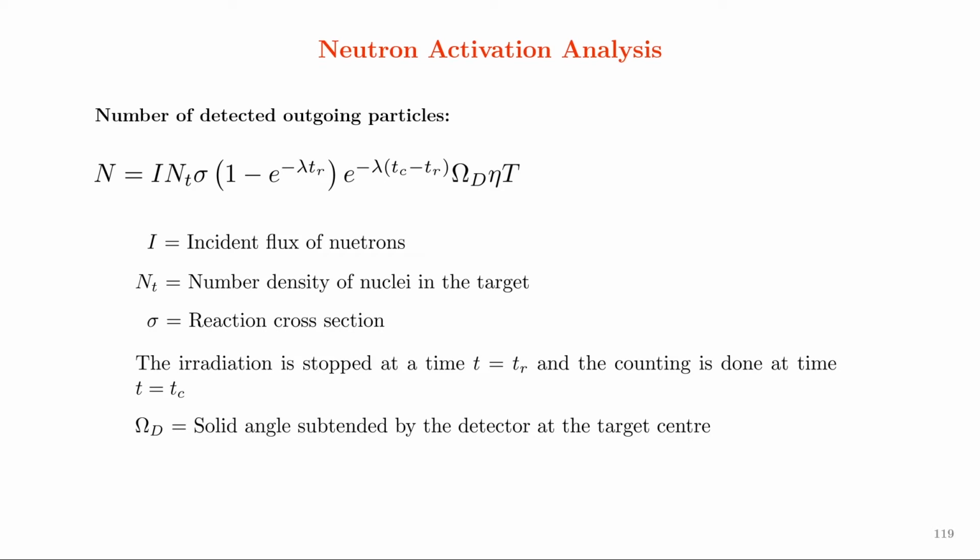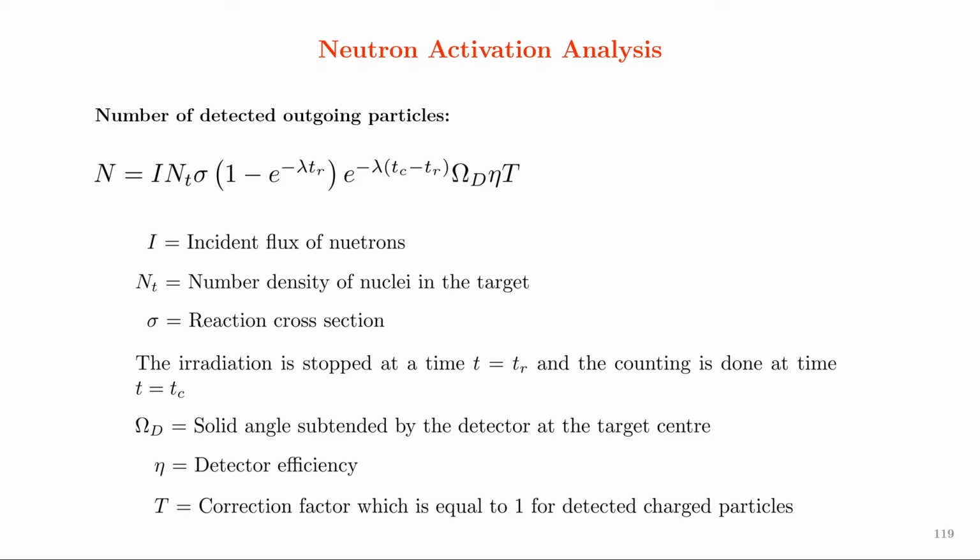Omega d gives the solid angle subtended by the detector at the target center, and eta is the detector efficiency. The constant T is a correction factor which is equal to 1 for detected charged particles.